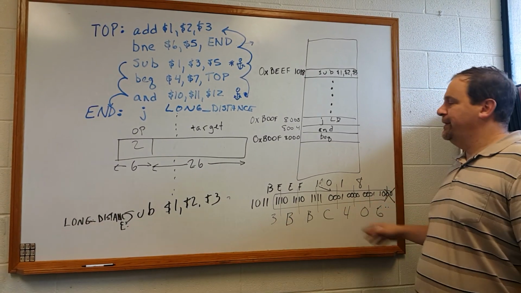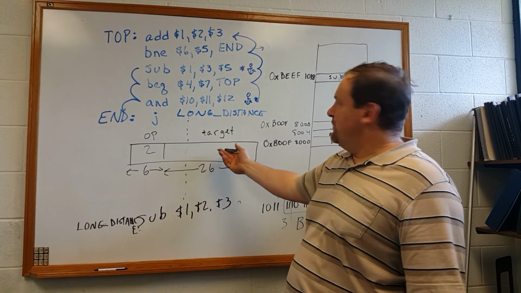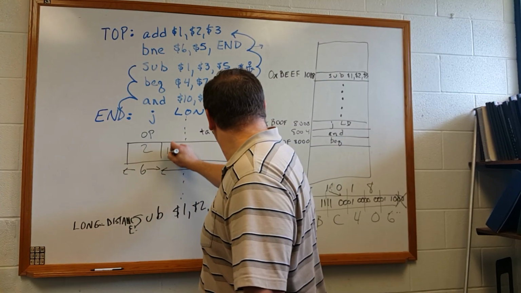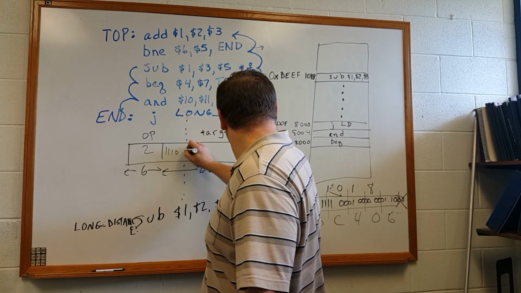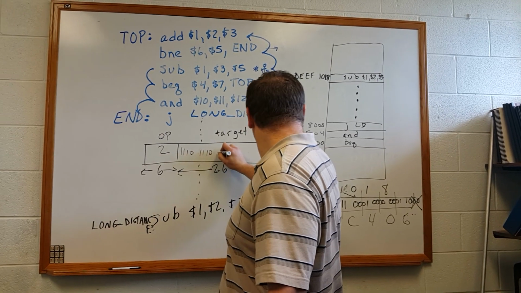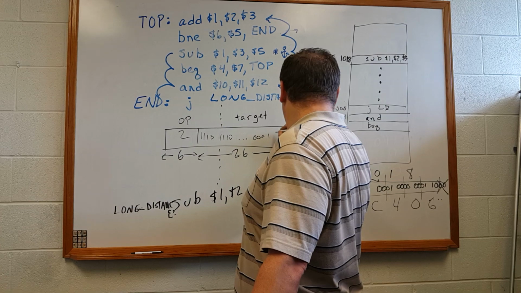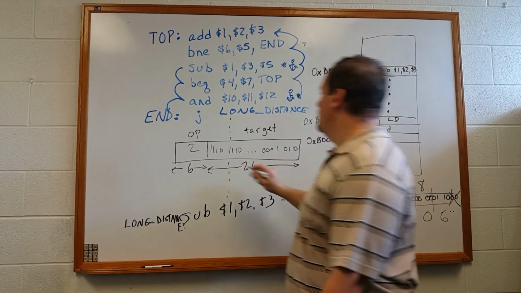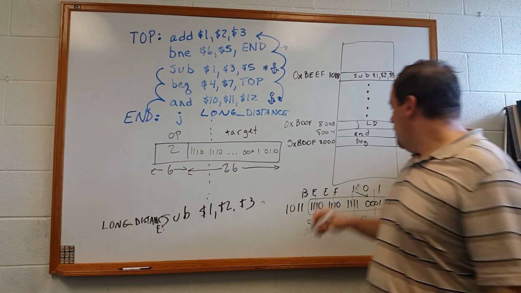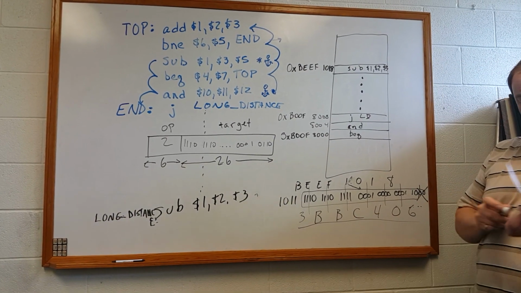So whatever I put in this target, I could put 1, 1, 0, 1, 1, 1, 0, 1, 1, 1, 0, 0, 0, 0, 1, 0, 1, 1, 0. I could put these numbers in there, or I could express it with this hexadecimal number.